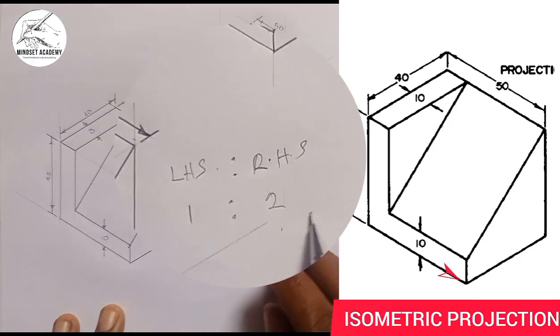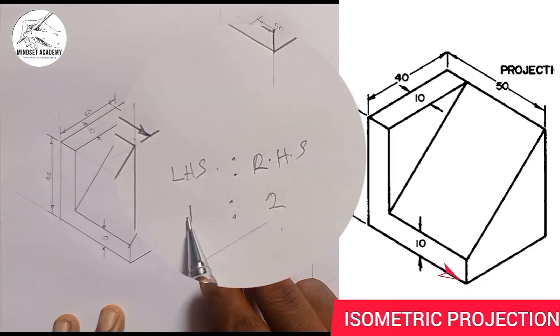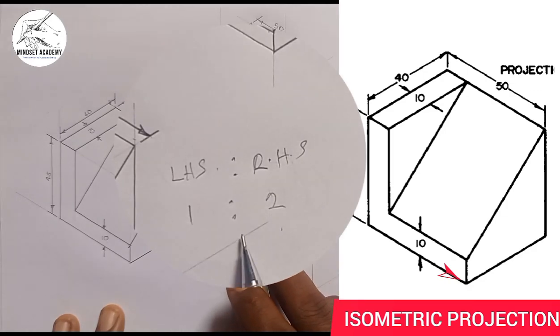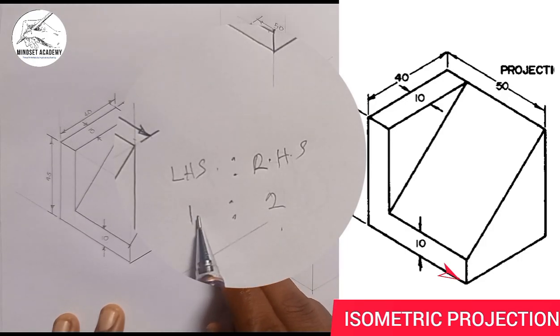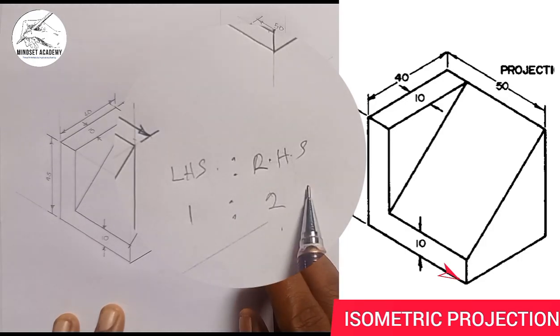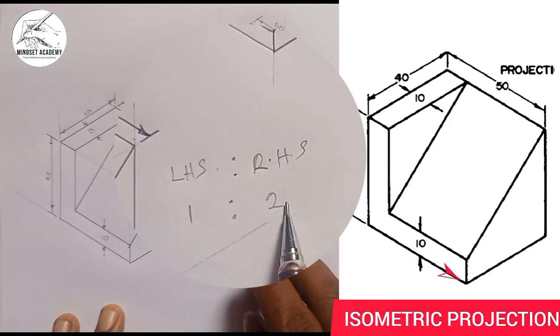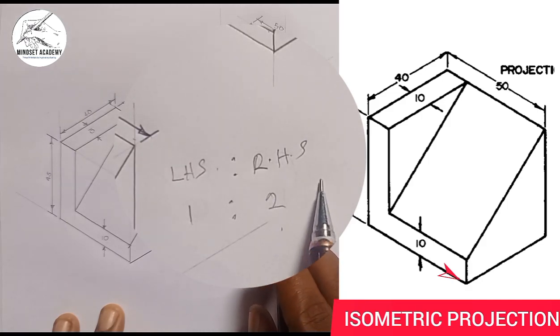They call it reduction. But if the left hand side is bigger than the right hand side, you are about to enlarge. Is that okay now? So in cases when you see that the one on the left hand side is bigger, you are enlarging. And if you see that the one on the right hand side is bigger, you are reducing.